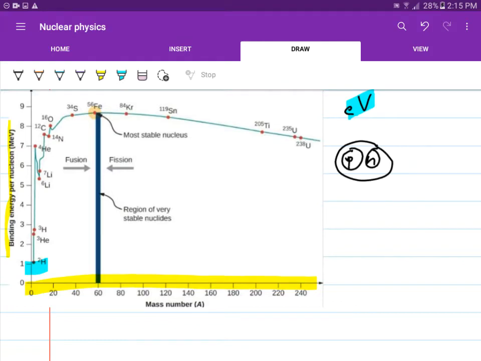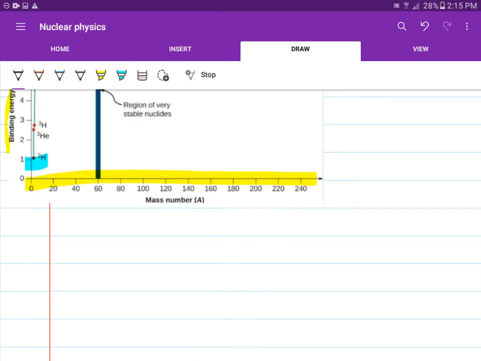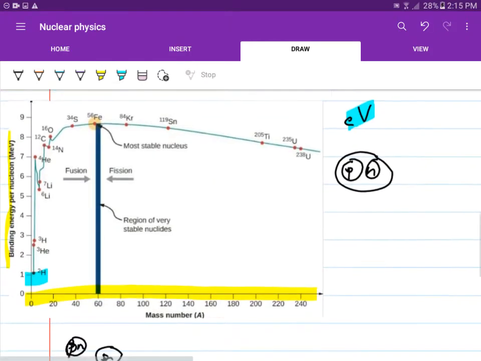So that means if you have more nucleons, I'll write one nucleon as Pn here. Of course, one nucleon is equivalent to one proton or one neutron, but for the sake of simplicity, I'll write it as Pn. So here we have one nucleon, another nucleon, another nucleon, and we have 34 of those.